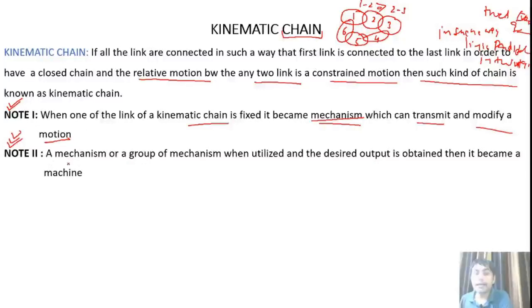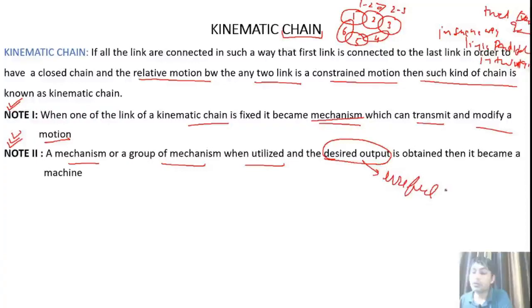Now when a mechanism or a group of mechanisms is utilized and the desired output is obtained, underline desired output. What is desired? Useful work. Desired means what is useful for us. When useful work is obtained, then it becomes a machine.